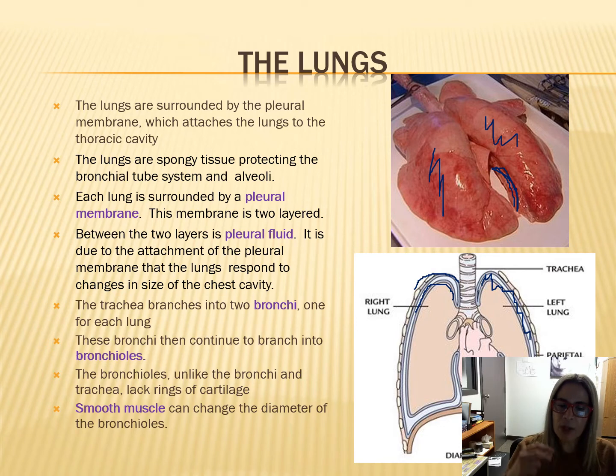But once you get down to the bronchioles, they do not have those rings of cartilage, and they're very fine, and they are surrounded by smooth muscle so that they can dilate and constrict to facilitate gas exchange. The type of muscle that we find in our bronchioles is smooth muscle, the same muscle that we have lining our digestive tract, which facilitates peristalsis.